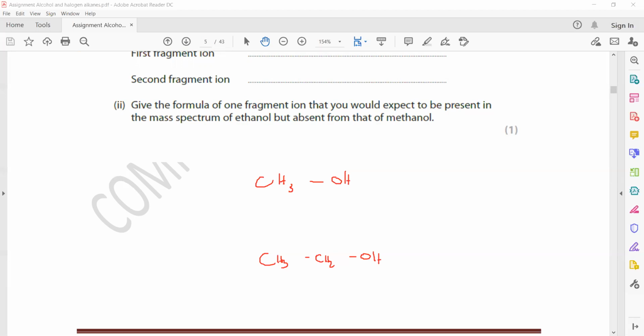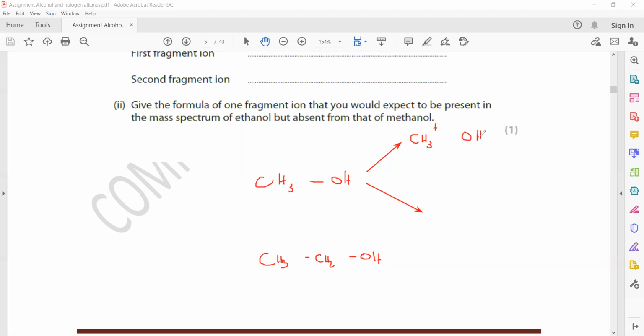So when we write the possible fragments for this, it might break into CH3 and OH.